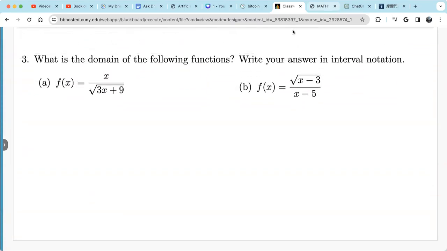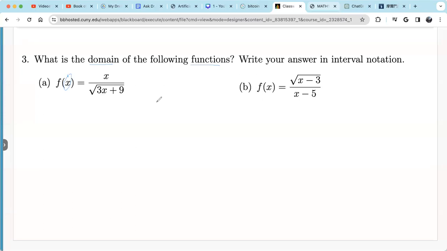Okay, let's say 3. 3 is asking for the domain of the function, right? Domain means what can the inputs be? So we have f of x. What kind of values work for such x? That's the domain of this function. We're working with real numbers.